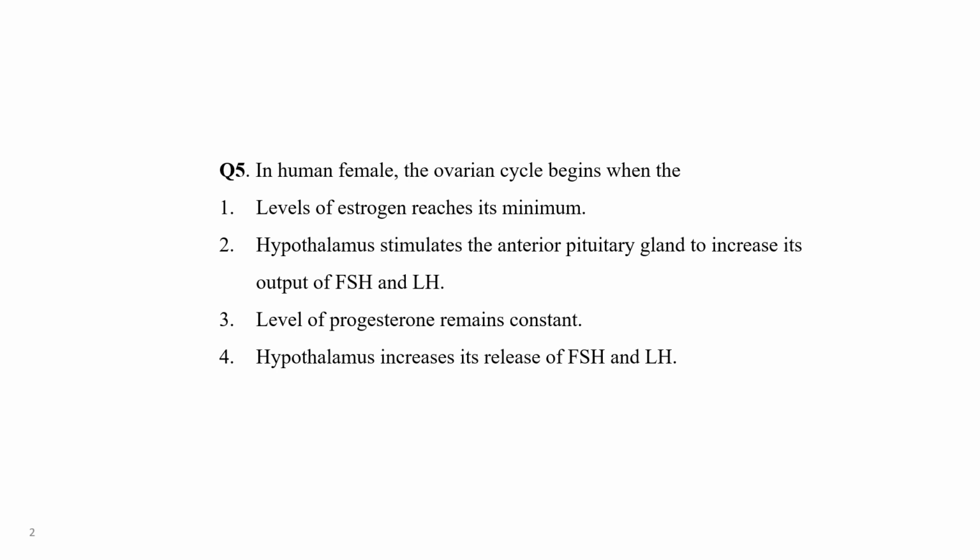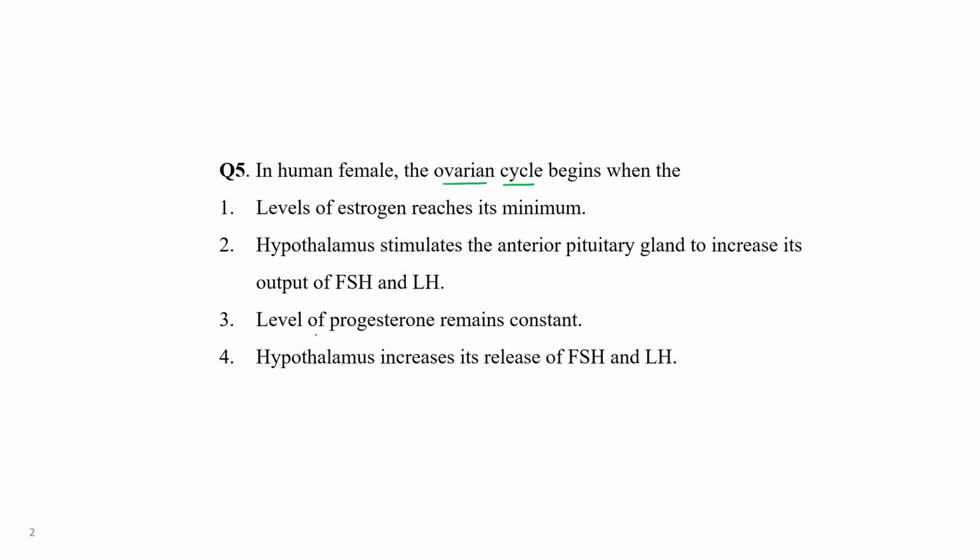Next question. In the human female, the ovarian cycle begins when the level of estrogen reaches its minimum concentration. Second, the hypothalamus stimulates the anterior pituitary to increase its output of follicle stimulating hormone and luteinizing hormone.